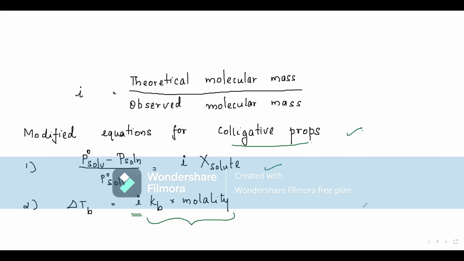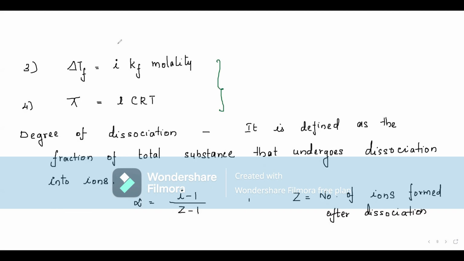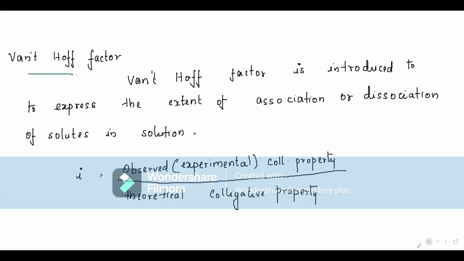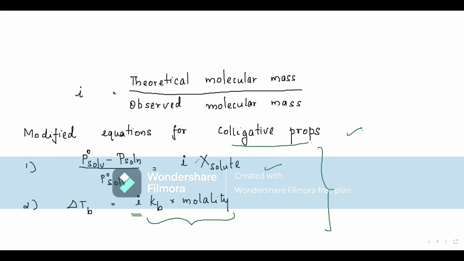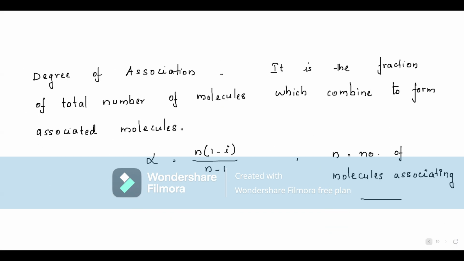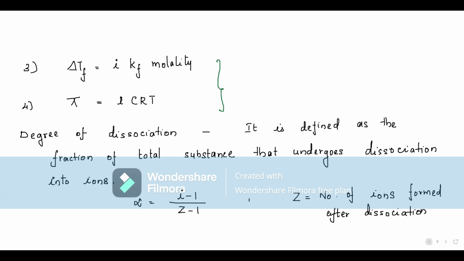So all these modified equations are to be studied, kept in mind, and I is Van Hoff factor, which is calculated either by this relation, observed colligative property by theoretical colligative property, or it is theoretical molecular mass by observed molecular mass.